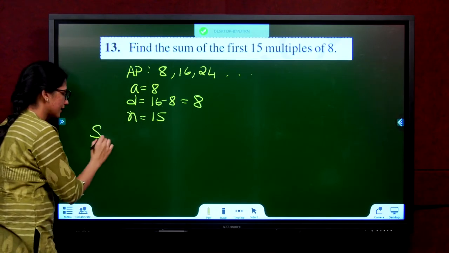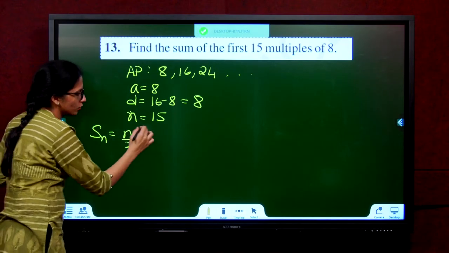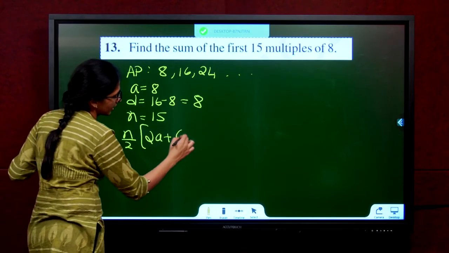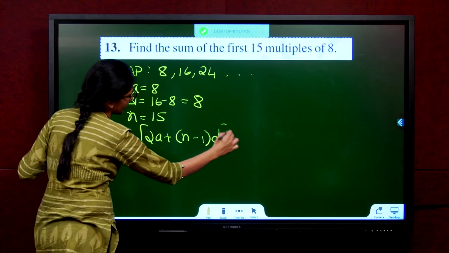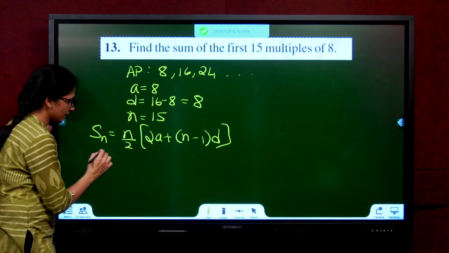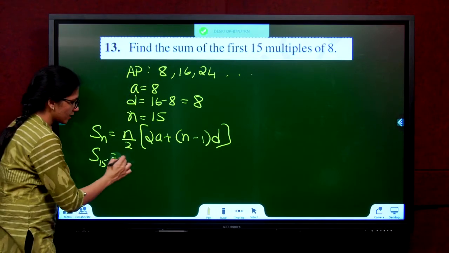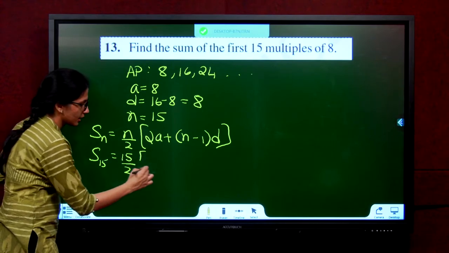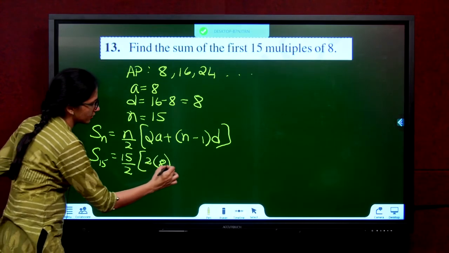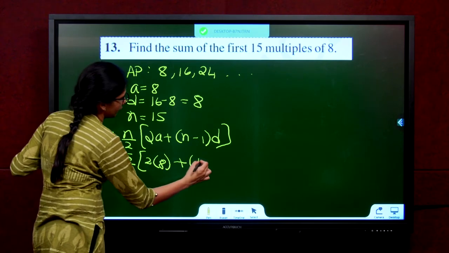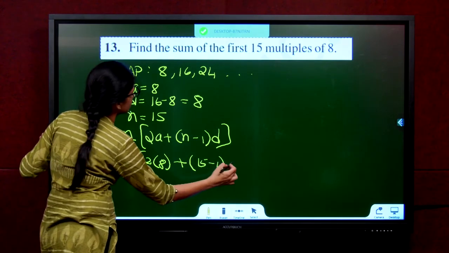Same method, Sn is equal to n by 2 into 2a plus n minus 1 into d. Correct? So what is Sn? S15 is equal to 15 by 2 into 2a, a is 8, plus 15 minus 1, d is 8 again.